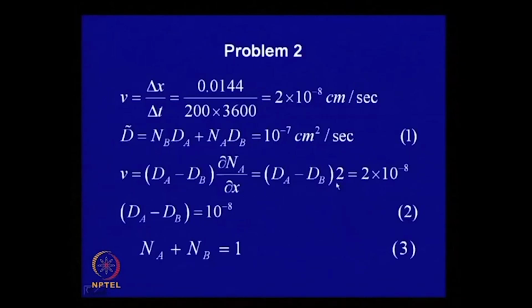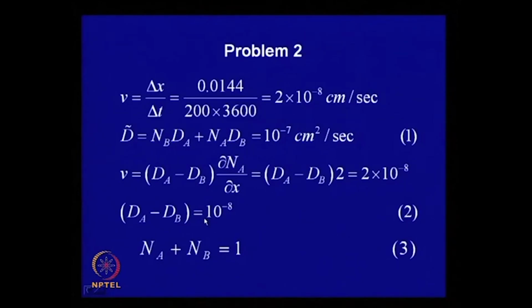So, you substitute it here. What do you get? This is 2, it is given, and this is equal to this. So, therefore, you have D A minus D B equal to 10 to the power minus 8.